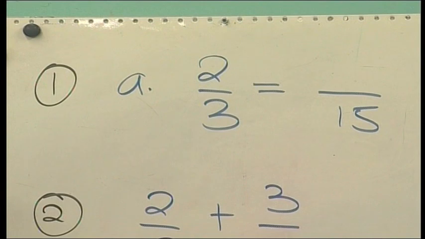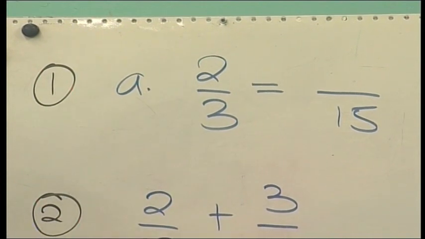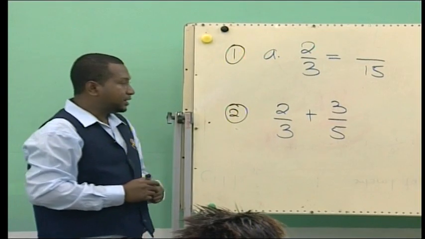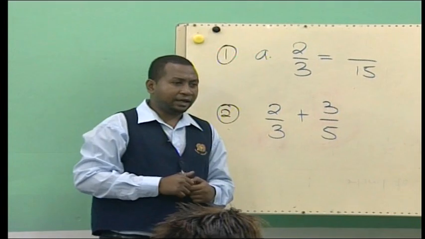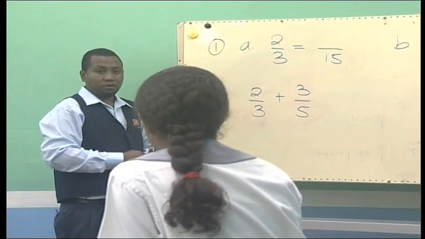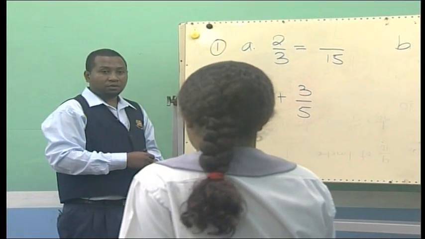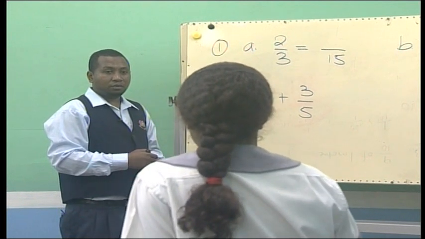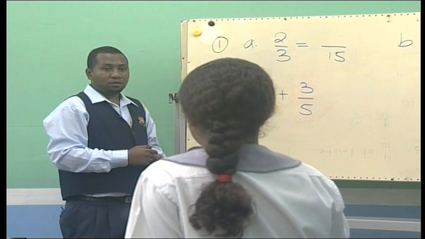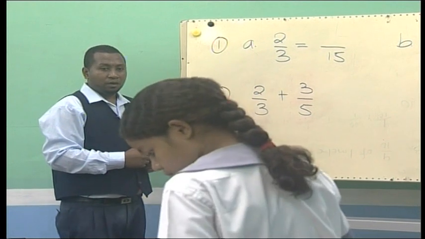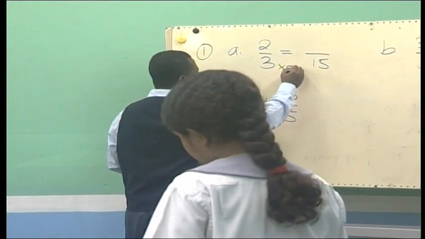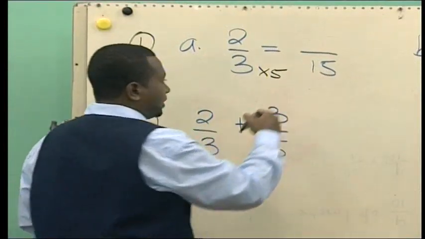Teresa, can you give us the first answer for exercise 1A? What is the numerator? 10. Teresa, how did you get 10? 3 5s are 15. You said 3 times 5 is equal to 15. Yes.